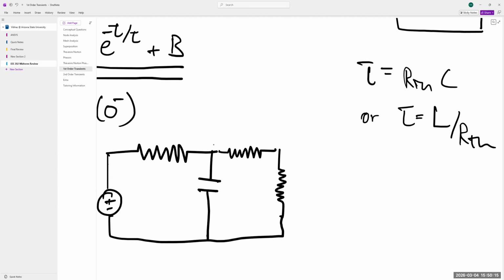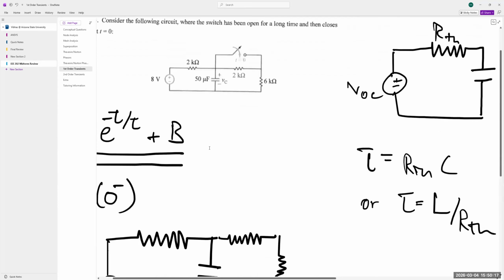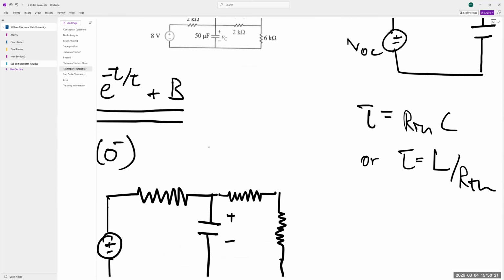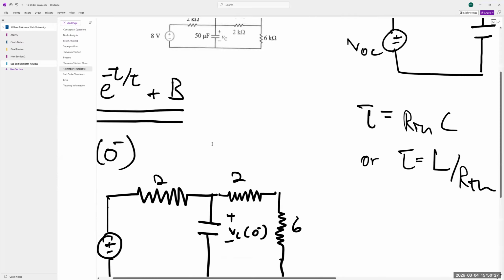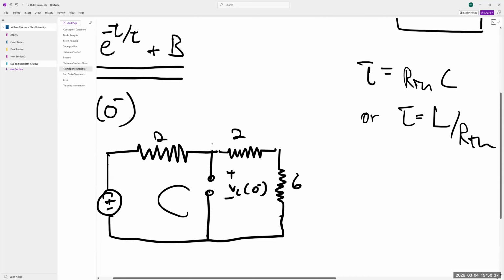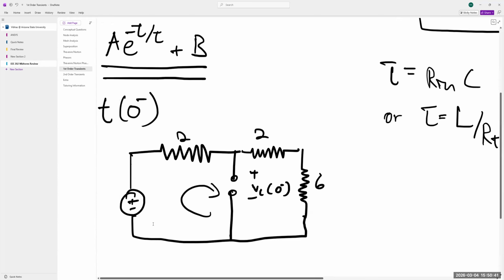Capacitor, right? So let's try to find what the VC of 0 minus is. So in steady state, we can replace a capacitor with open terminals, right? So if we want to find this voltage, we're just going to do a voltage divider off of what the source is at.